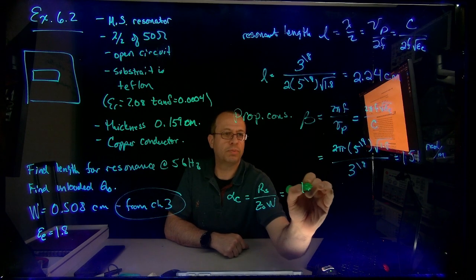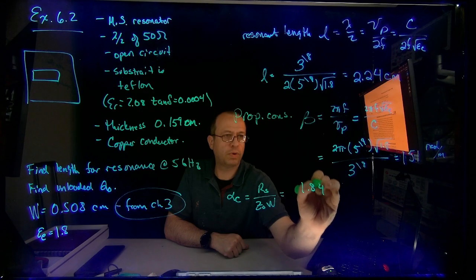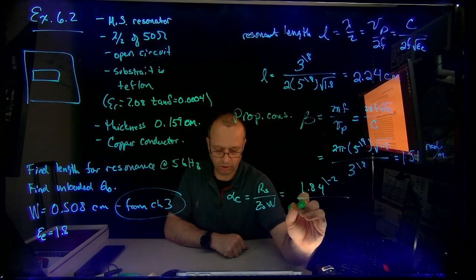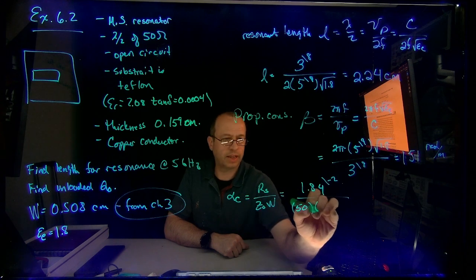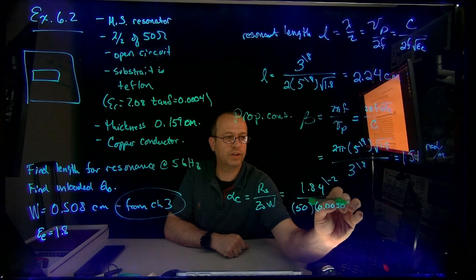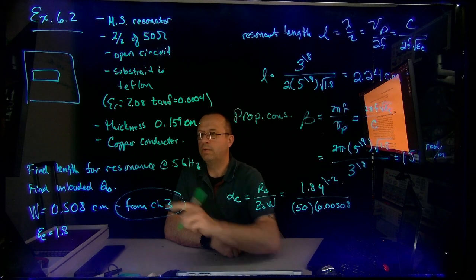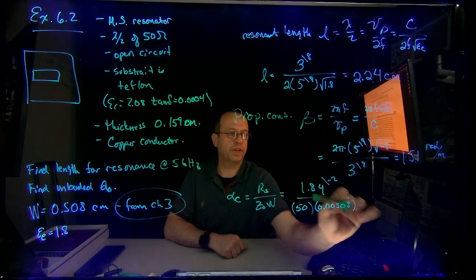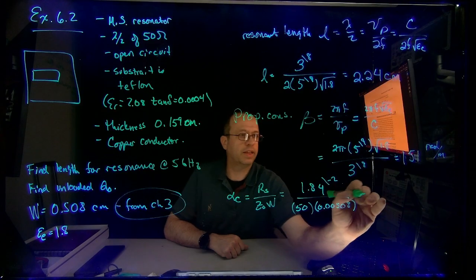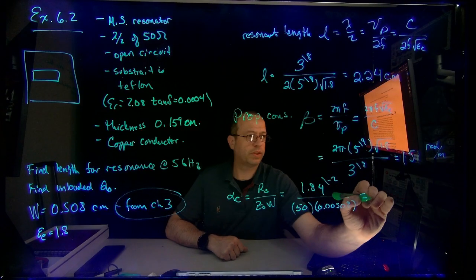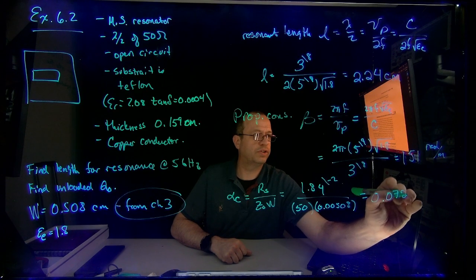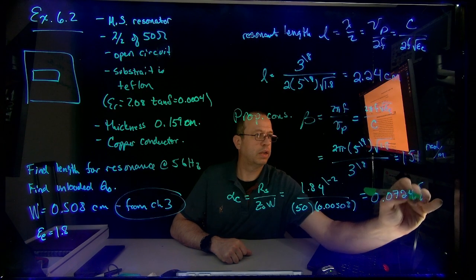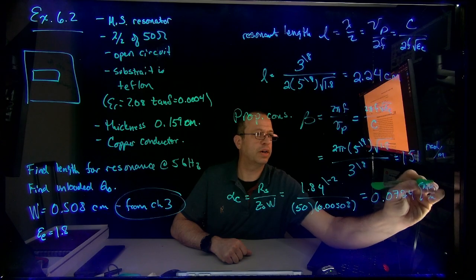Okay, so that is 1.84 times 10 to the minus 2 over 50, our 50 ohms. And then it is our width, which is 0.00508, right? We did it in centimeters. We need to convert it to meters. All right, and then this is equal to 0.0724. And this is in Nepers per meter.